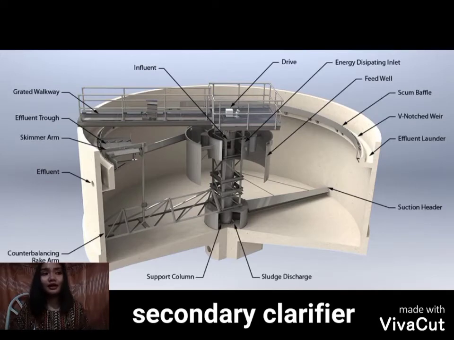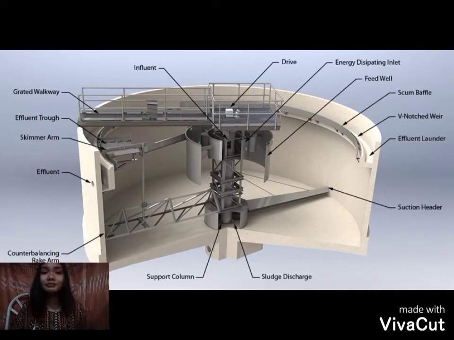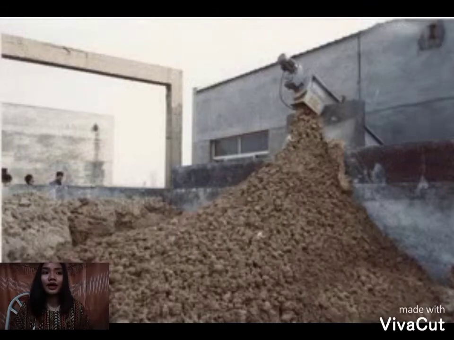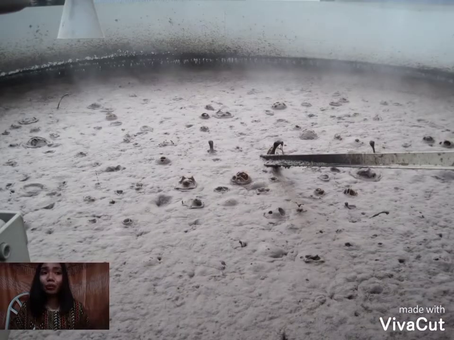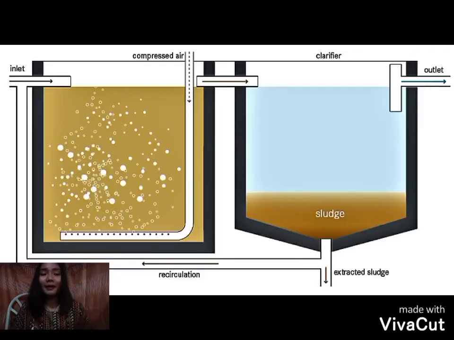The secondary clarifier has an overflow rate of 16 to 30 meters per day for average flow in a conventional process. The solids loading rates range from 100 kilograms to 150 kilograms. Capacity less than 3,800 cubic meters per day should not have hydraulic loading greater than 250 cubic meters per day per meter of weir length at peak hourly flow.